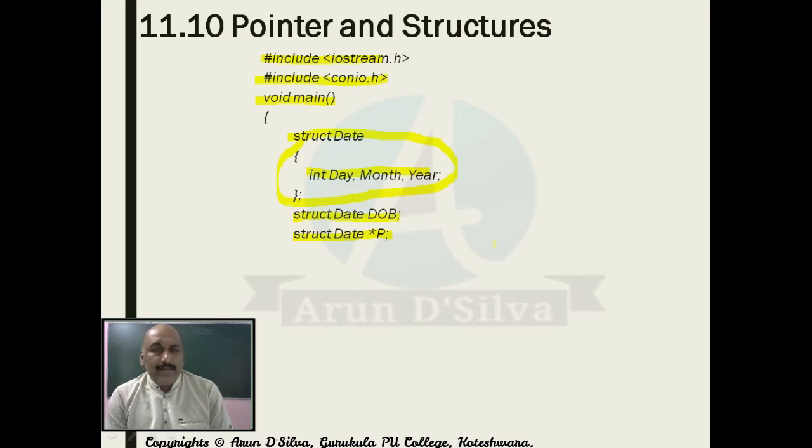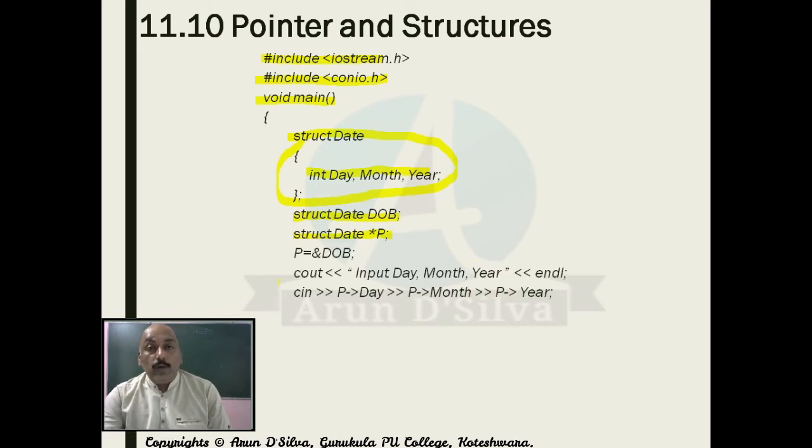So here I have created struct date star p, which is a structure type of pointer. Now what I will do: p equal to ampersand DOB. This means this structure variable's address I am storing in the pointer p.